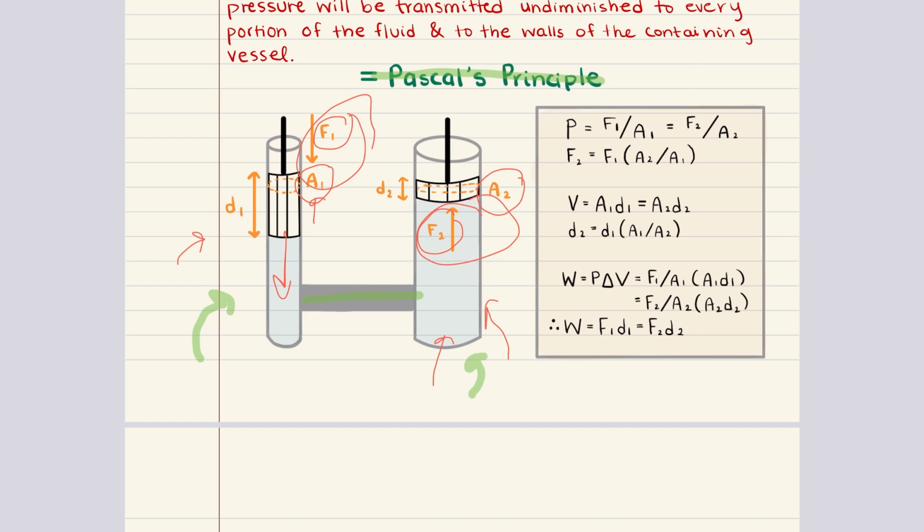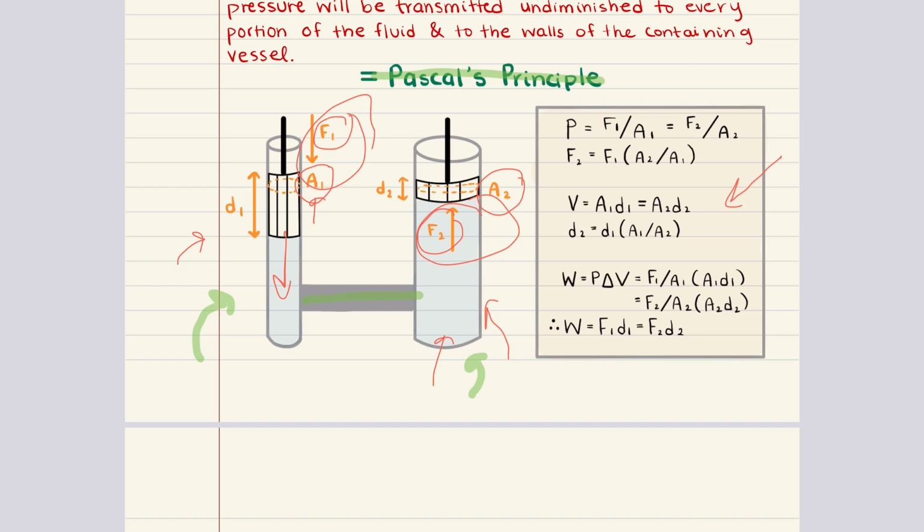Now, you might be wondering, does this system violate the law of conservation of energy? After all, we seem to be getting more force out than we're putting in. But in reality, there's no violation. What's happening here is that while the force is amplified, the distance over which this larger force acts is reduced proportionally. We can further prove these points by working through things mathematically, as is shown here.